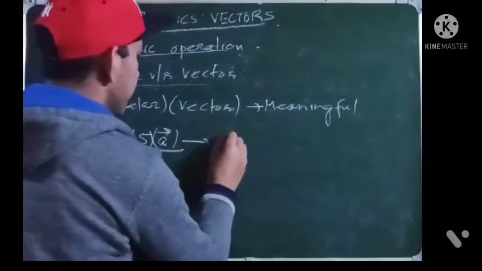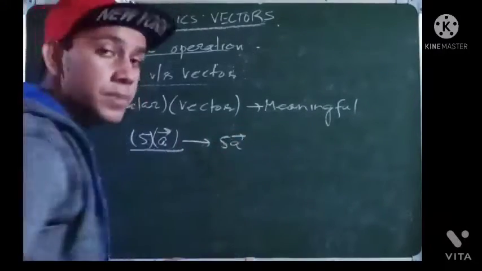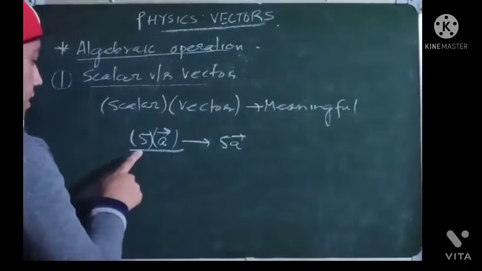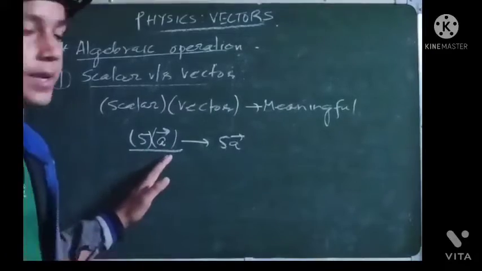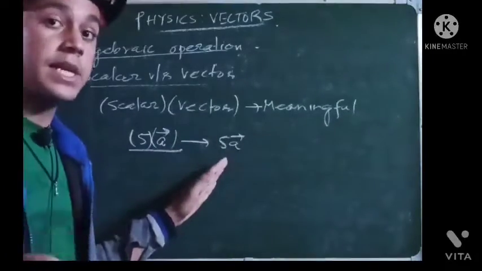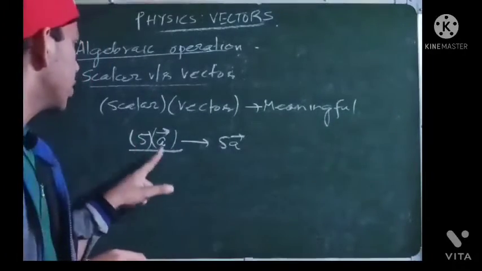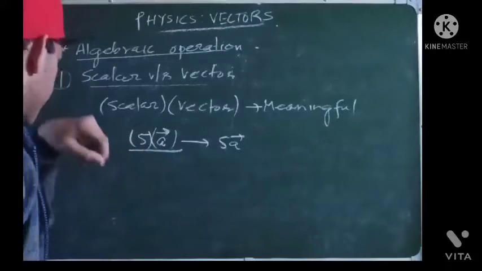This can be written as 5A vector. The magnitude of the vector A will be increased 5 times, and the direction will be the same as this is a positive number.